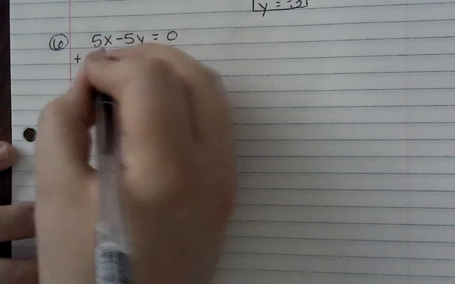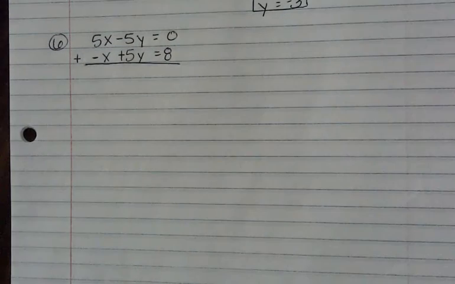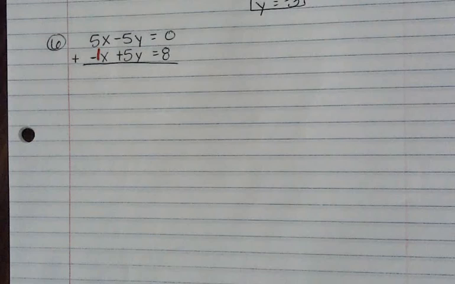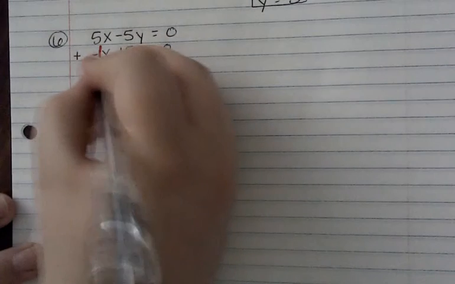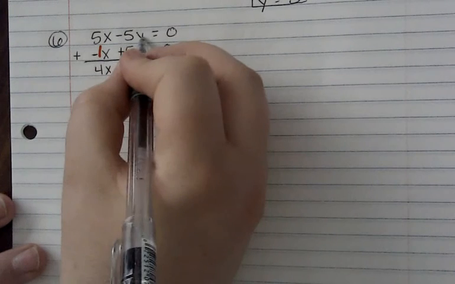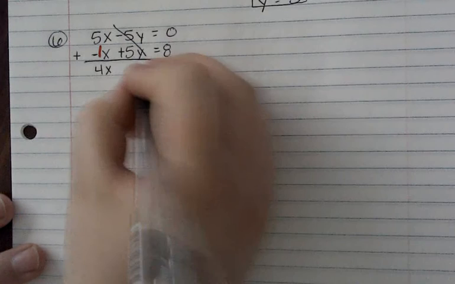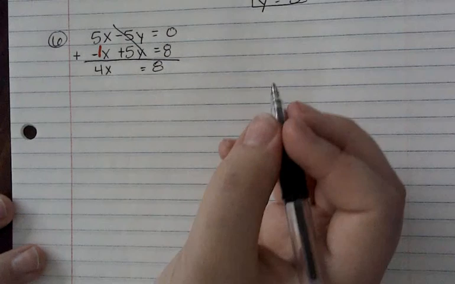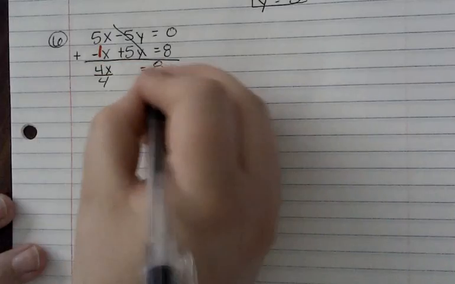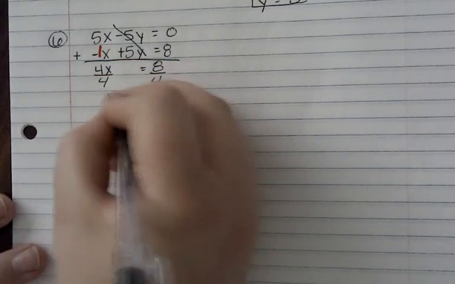So 5x plus negative x. Remember, that's a negative 1x. So 5 plus negative 1 is a 4x. Negative 5y plus 5y, those eliminate. And then 0 plus 8 is 8. Now we're going to divide both sides by 4 to get x equals 2.